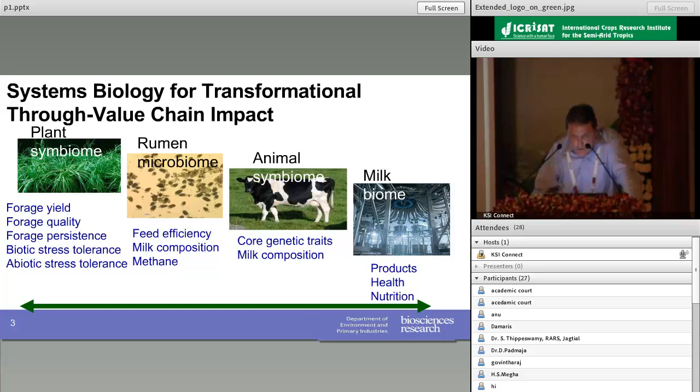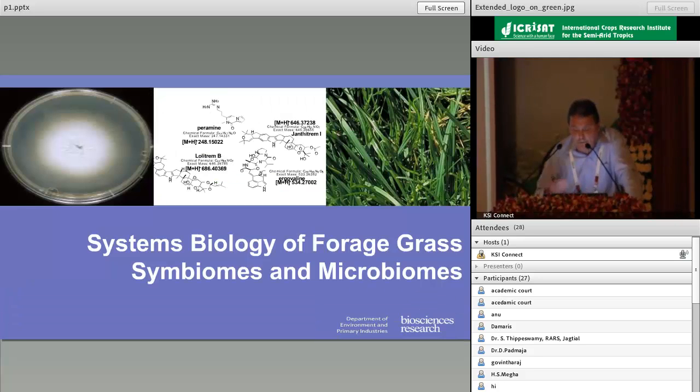So I've divided the talk into two components. On the one side, reflecting on some of the knowledge that we've gained over the last few years in systems biology of perennial ryegrass symbiomes, so with grass and its endophyte associations, as well as the forage grass associated microbiome.